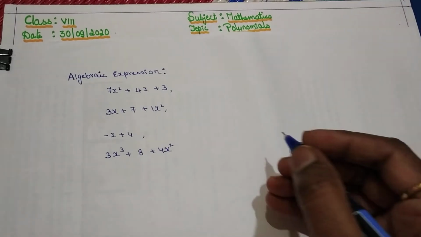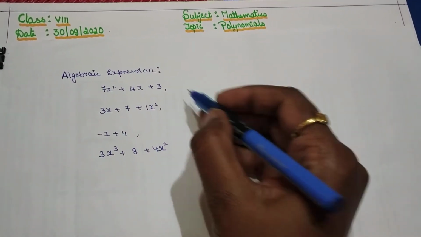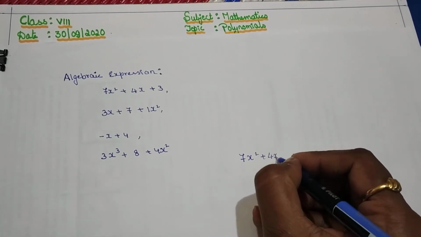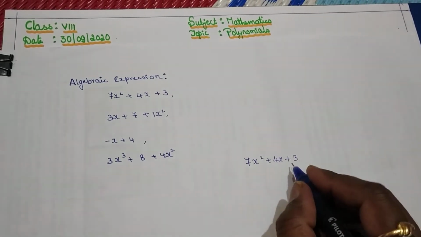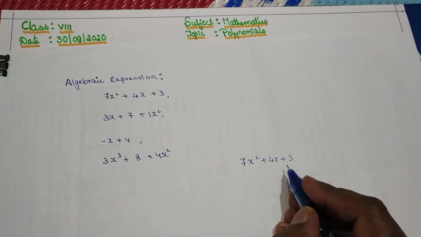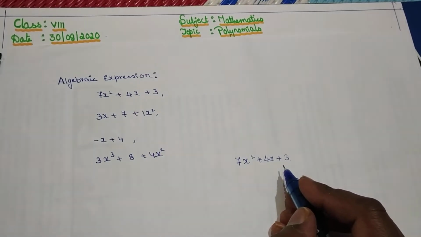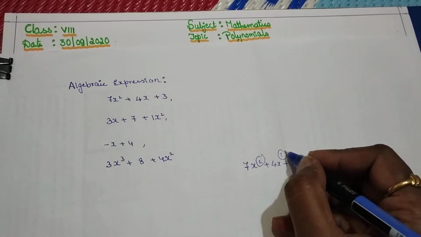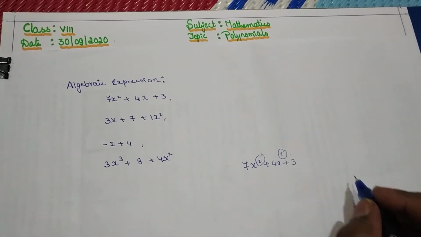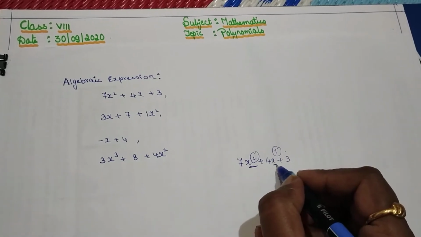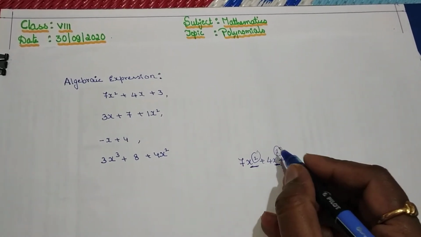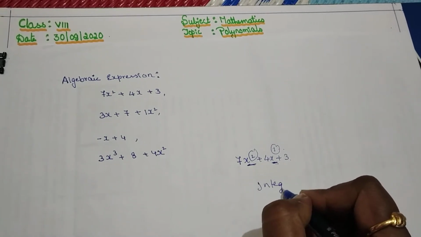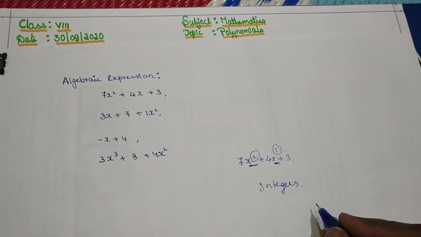Here I'll give one example. Let me take the same example, that is 7x square plus 4x plus 3. It is an algebraic expression in which the exponents, that is the powers, of the variable are non-negative integers. Integers include positive integers and negative integers also, right?